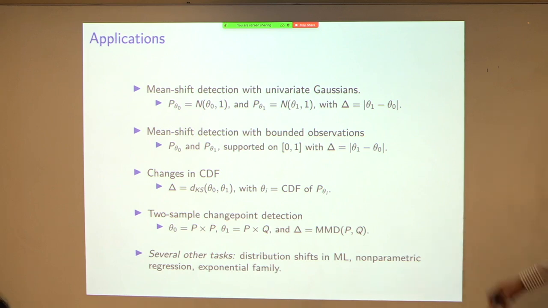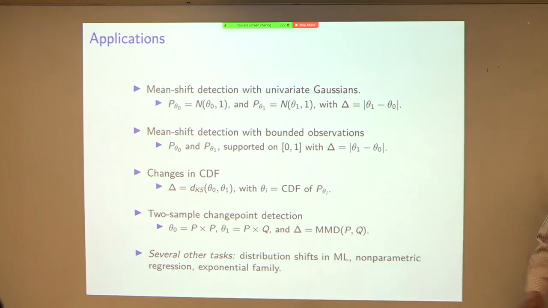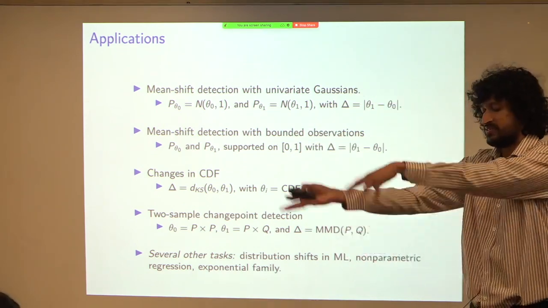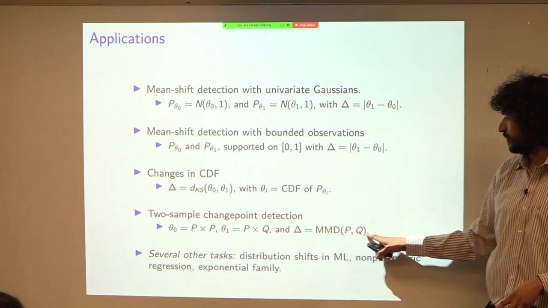Similarly for two-sample change detection. In the earlier case it changed from two identical distributions to two different distributions, but now you could just say I have two distributions P and Q that are already different from the start, and after some change point they move further away or they move closer together or something of that kind. So the metric, which is, let's say, the maximum mean discrepancy or the total variation distance or the Wasserstein distance between P and Q, that changes.